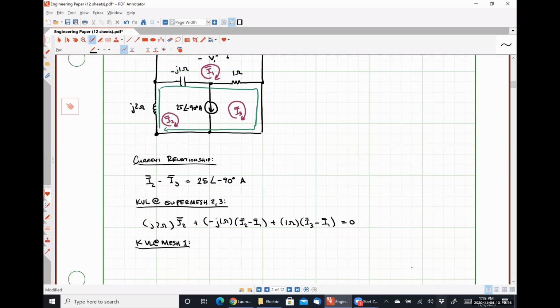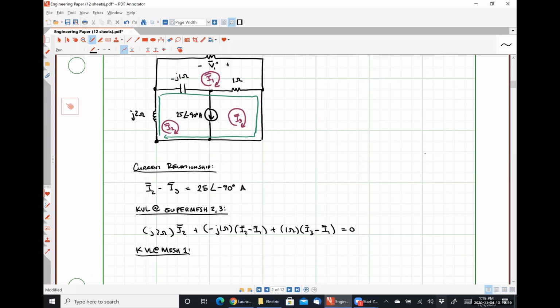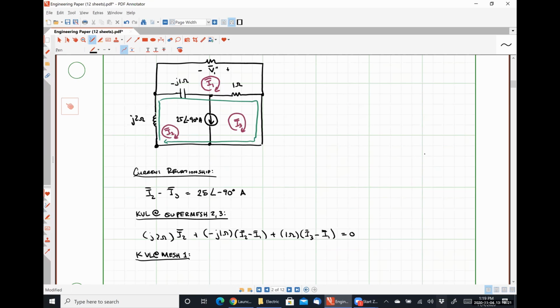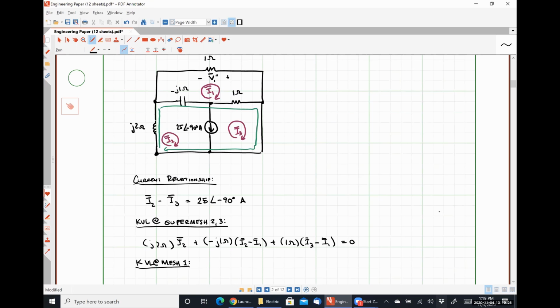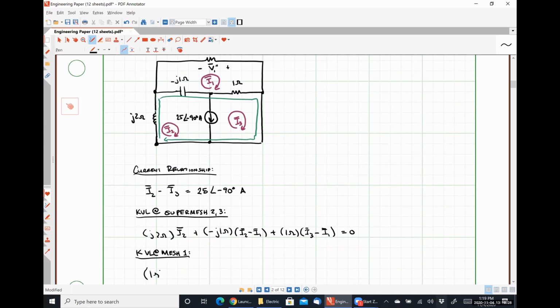How am I going to do KVL around mesh 1? Yes. Equal to 0. Wonderful. All right.